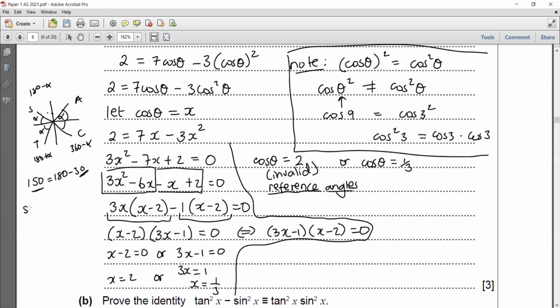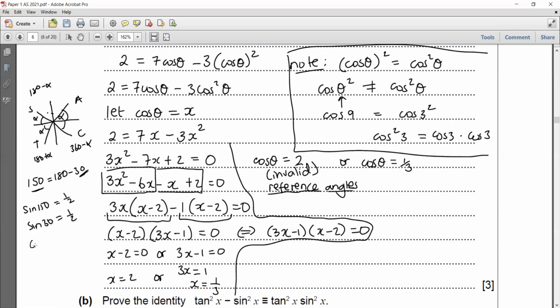So for example, if I work out sine of 150, you would see that sine of 150 is equal to a half. And sine of 30 is also equal to a half. So if I know what sine of 30 is, I don't need to type in sine of 150 on my calculator, because I know that sine of 150 is equal to sine of 30.